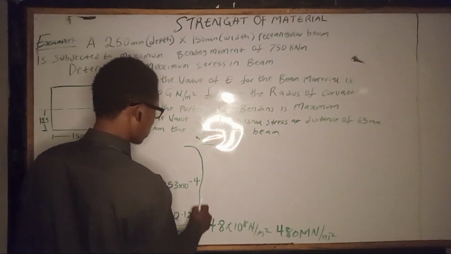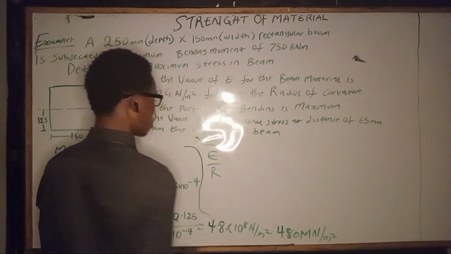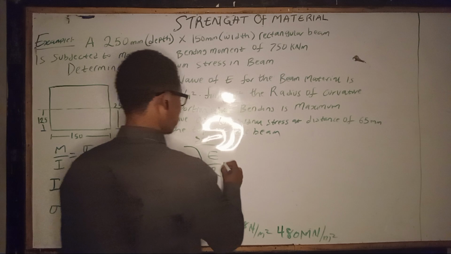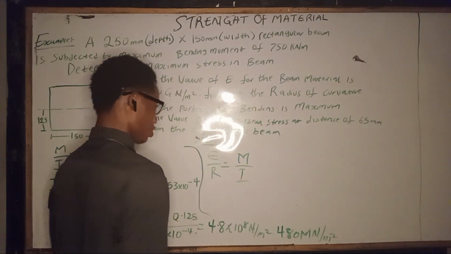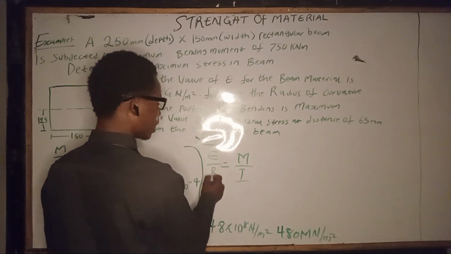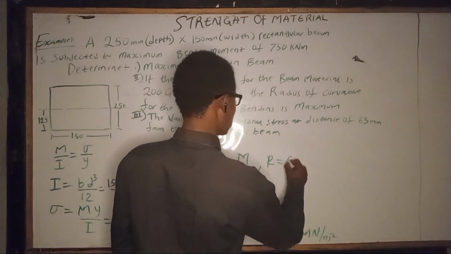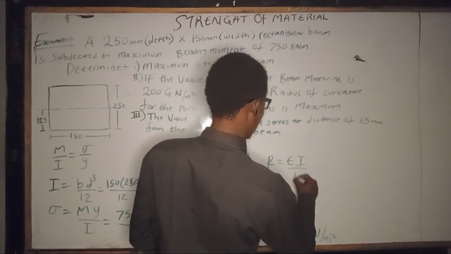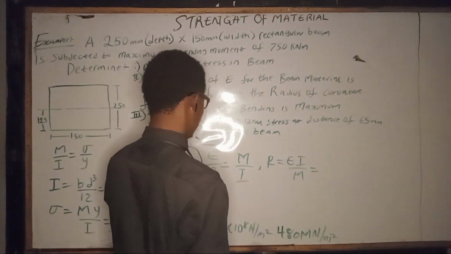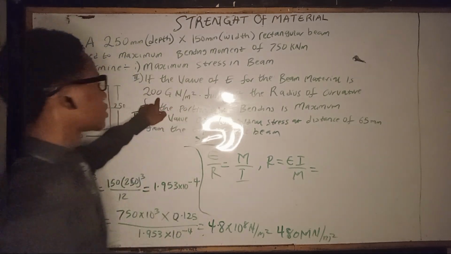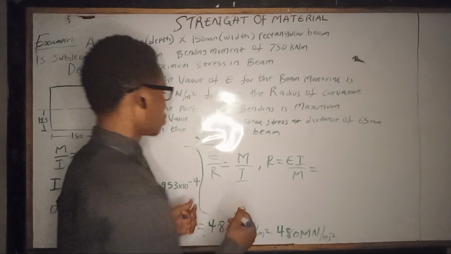In this particular scenario, it's easy. We just use E over R equals M over I. You can use any one of these. So we make R the subject of the formula. We have R is equal to EI over M, and that is equal to, we have E equal to 200 giganewton per meter square, and giga is times 10 raised to the power 9.